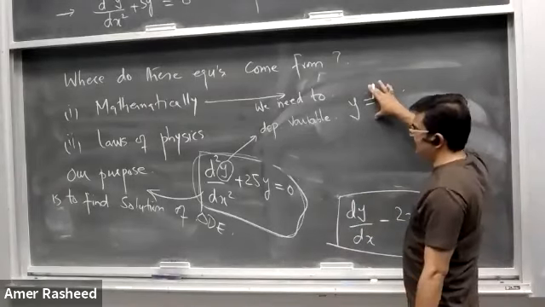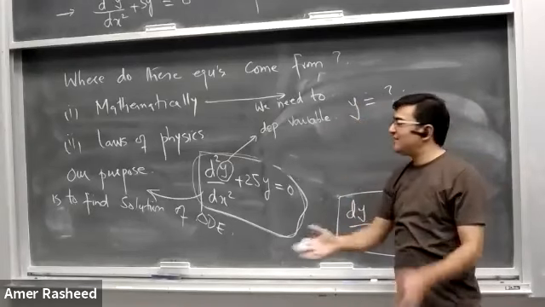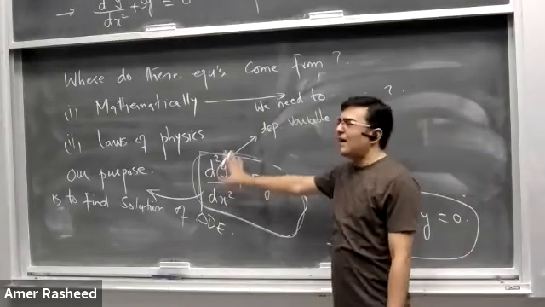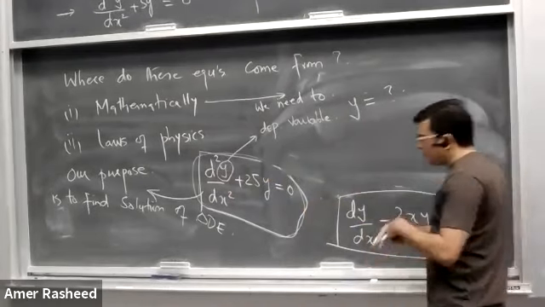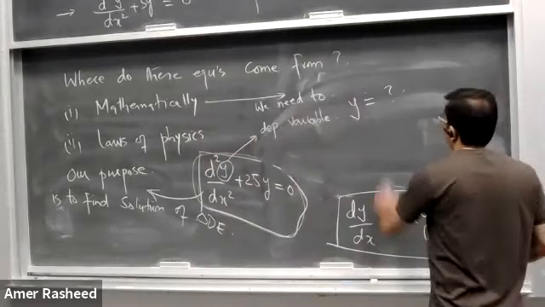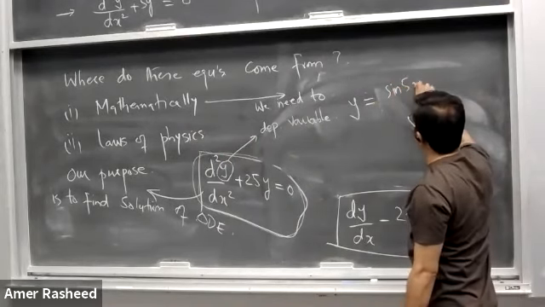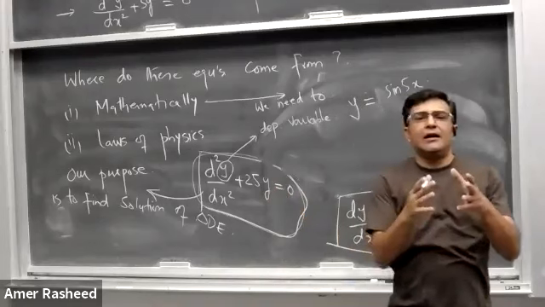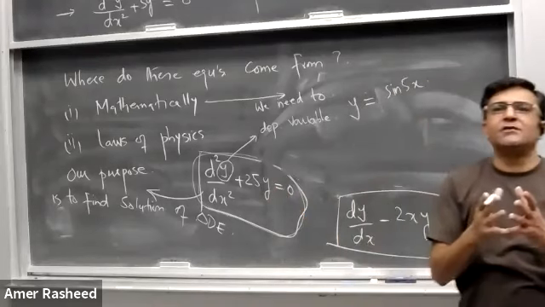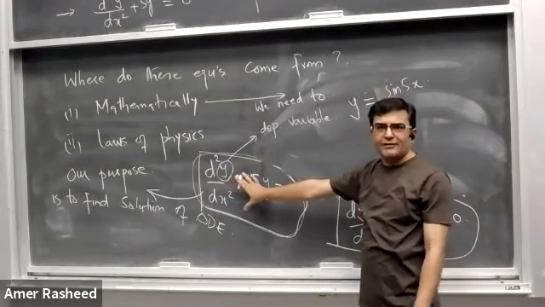It is basically a function which satisfies this differential equation. If, by using some techniques, I find this function, which is sine 5x, and I put it here and the equation is satisfied, then we say that this function is the solution of this differential equation.